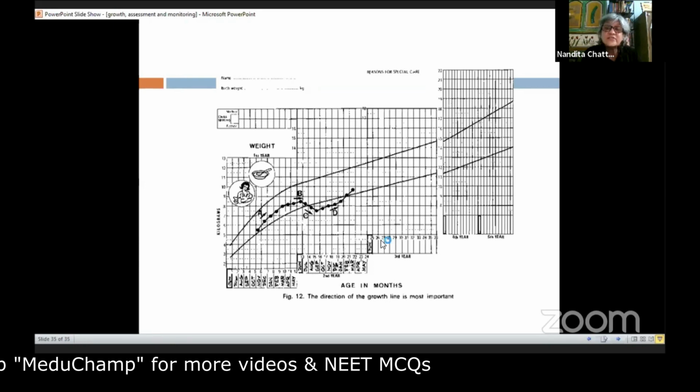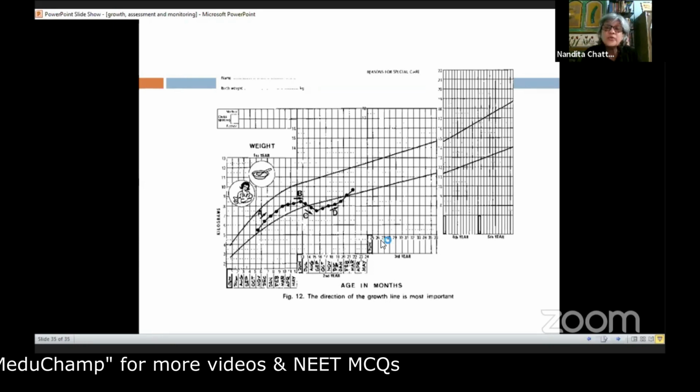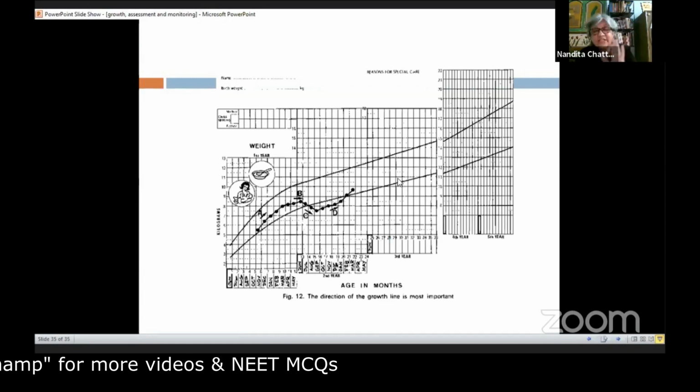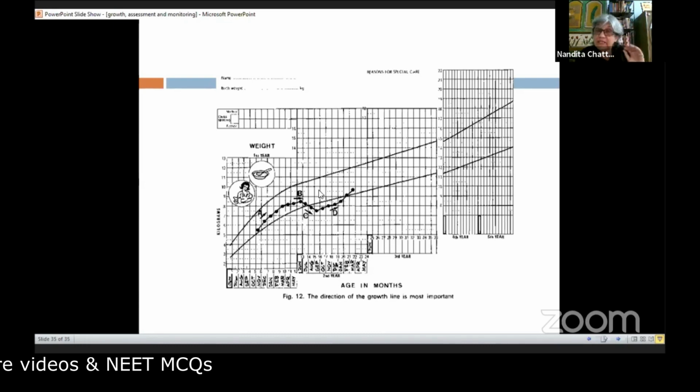This is z-score -2 and z-score +2. So between these two lines, if the child remains within these two lines, perfect. That is what was happening till point B when it started going down. It was still within the limits, but it was going down, indicating faltering. C, it had come to a malnutrition level, indicating the child needed nutritional supplementation, diagnosis of disease and care.